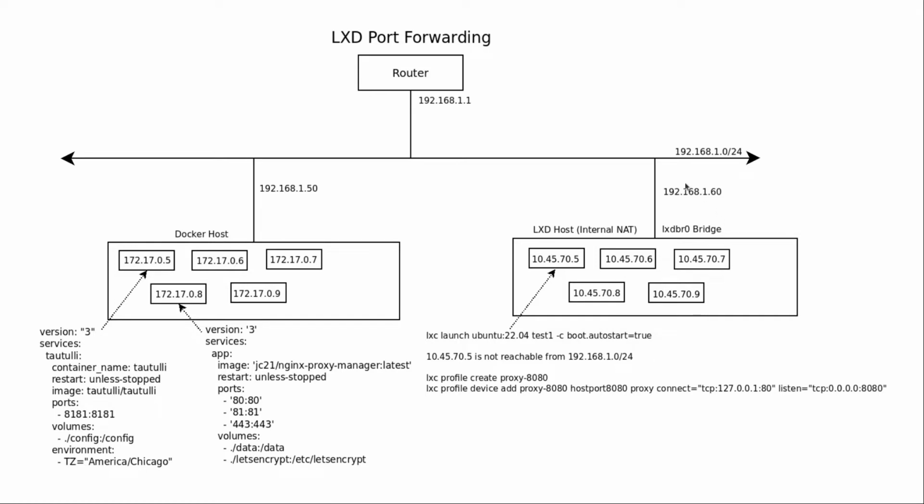So in past videos, what I've shown is that we can make a connection by taking one of these containers and instead using bridging to present it with an address on the main LAN. But you can't always necessarily do that.